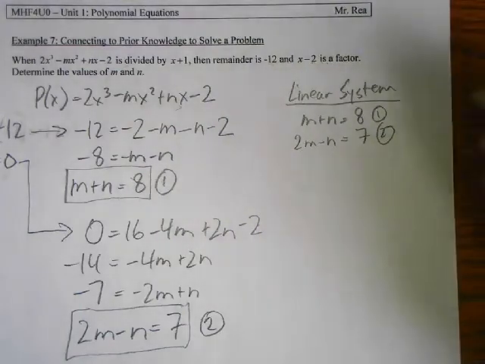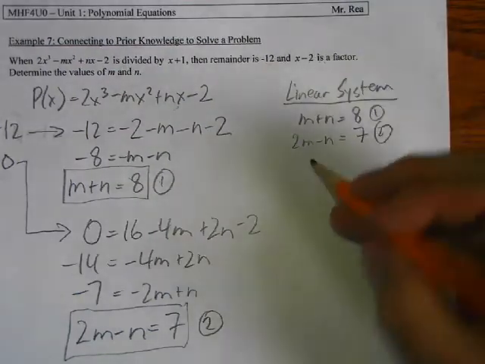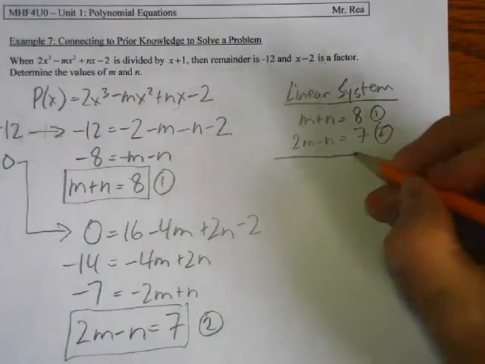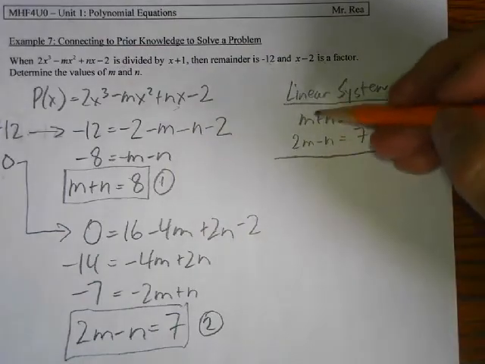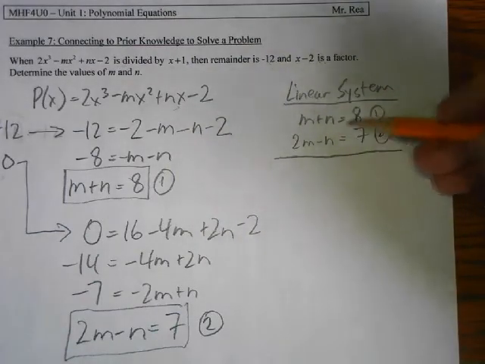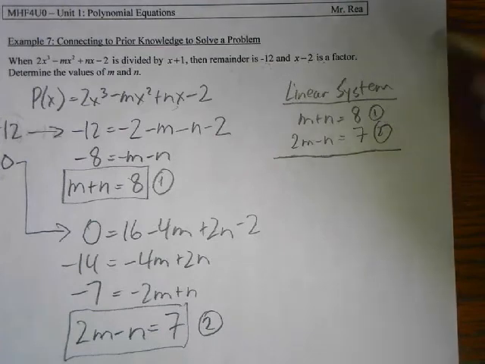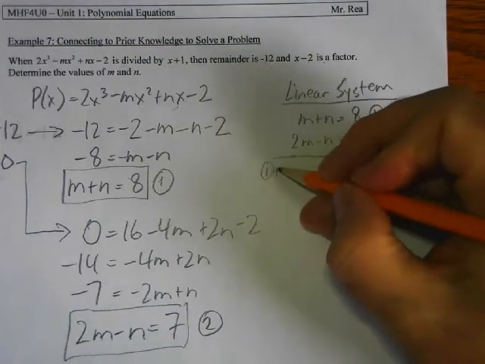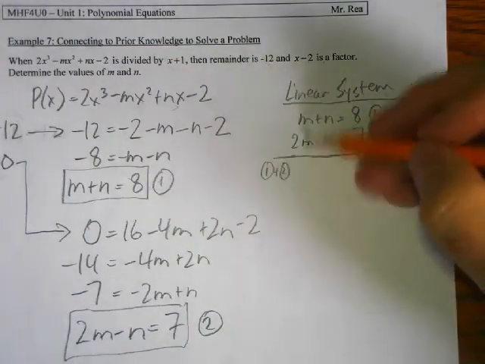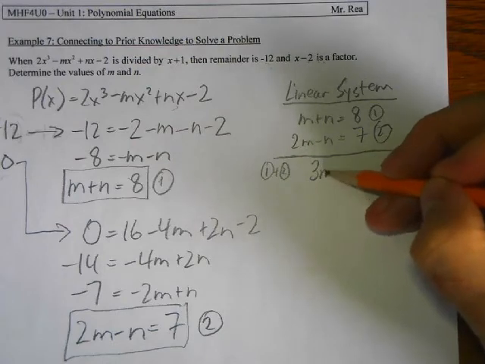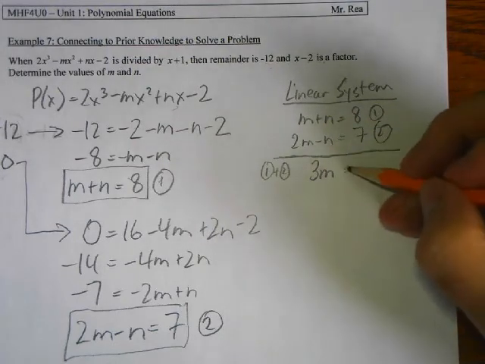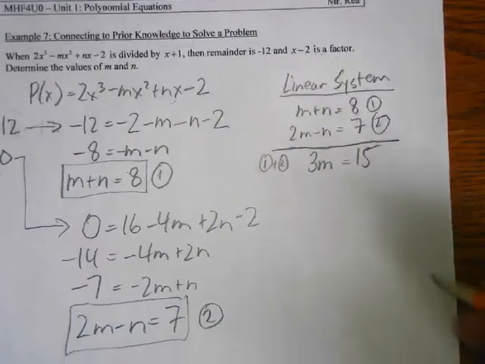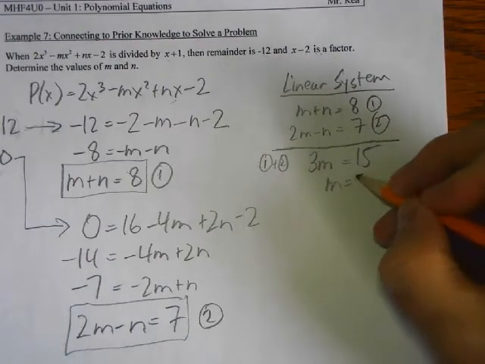Okay, now you could use either method. It doesn't matter. I take a look at that and I think this is already set up nicely. If I add these 2 equations, the n's cancel out. So that would be equation 1 plus equation 2. That's going to give me 3m equals 15. Divide by 3, we get m equals 5.